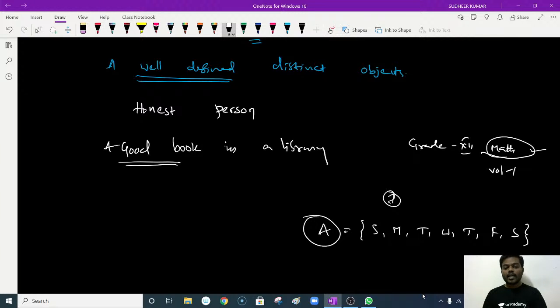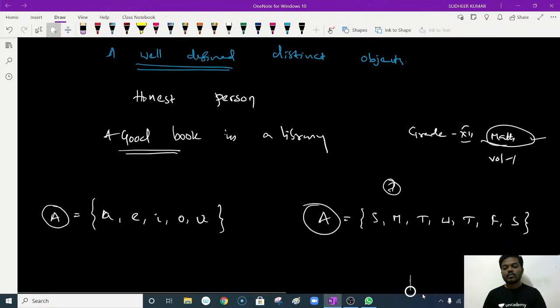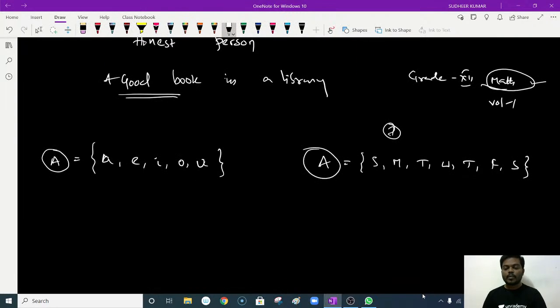If you want to represent the elements, suppose vowels in the alphabet: A, E, I, O, U. These are well defined, and if you enclose them within brackets, then we say it is a set. Another example is the alphabets in English. Well-defined objects are completed.